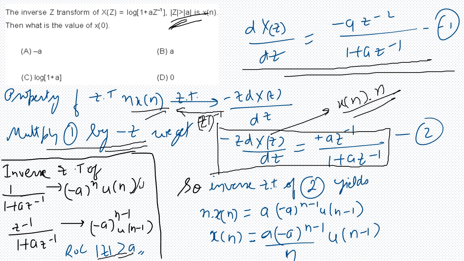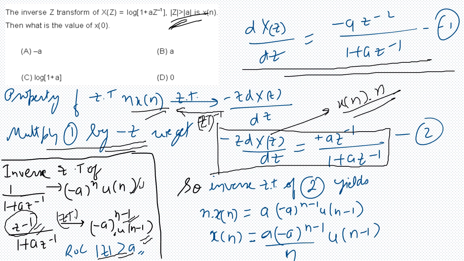Now when we multiply by z inverse, the inverse z transform is going to be minus a power n minus 1 u of n minus 1, because of the delay property. Because of the delay property, there is a z inverse which comes into the expression. So z inverse over 1 plus a z inverse has the inverse z transform minus a power n minus 1 into u of n minus 1.